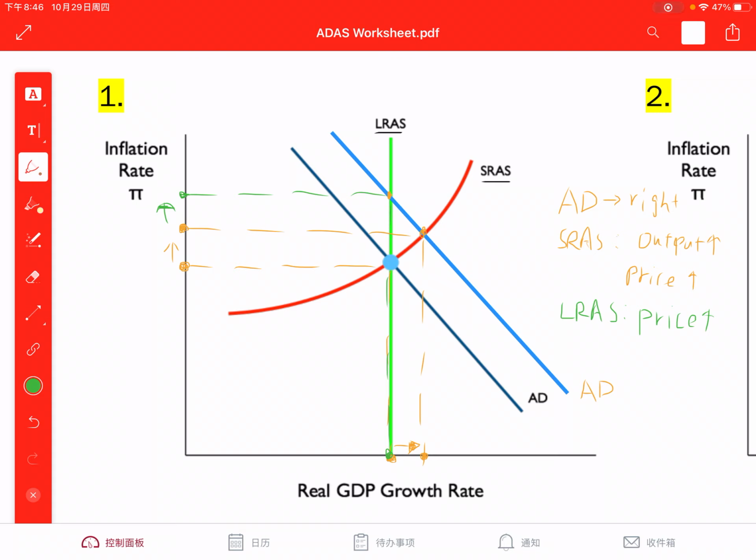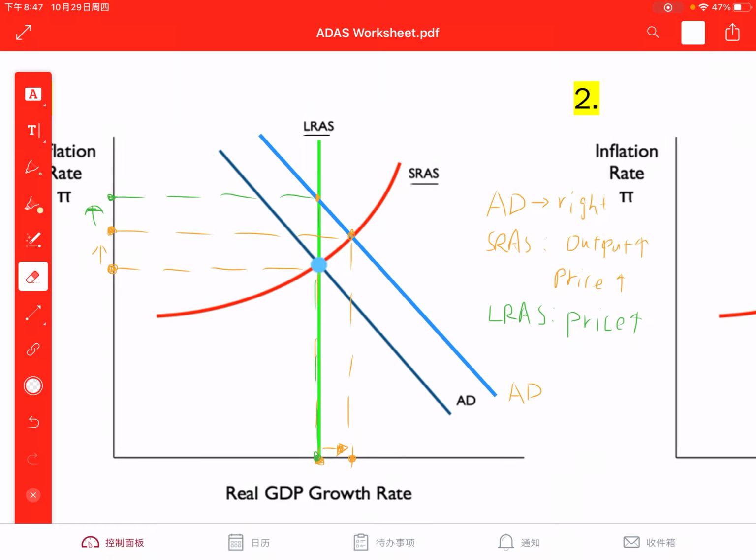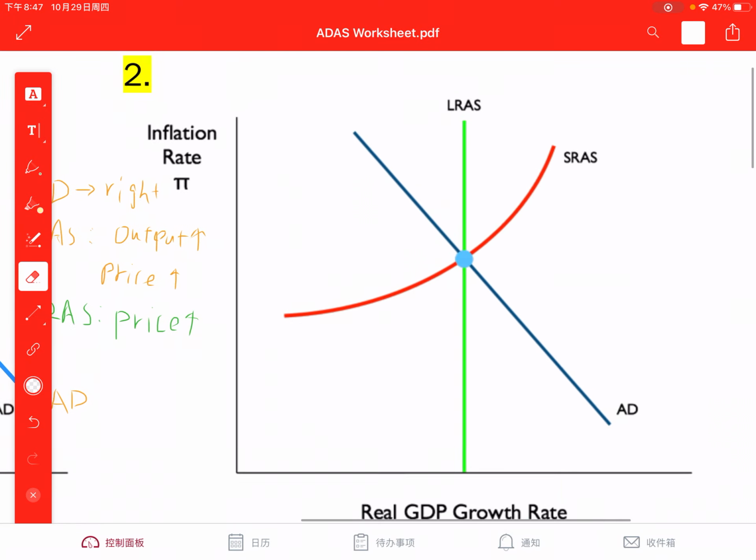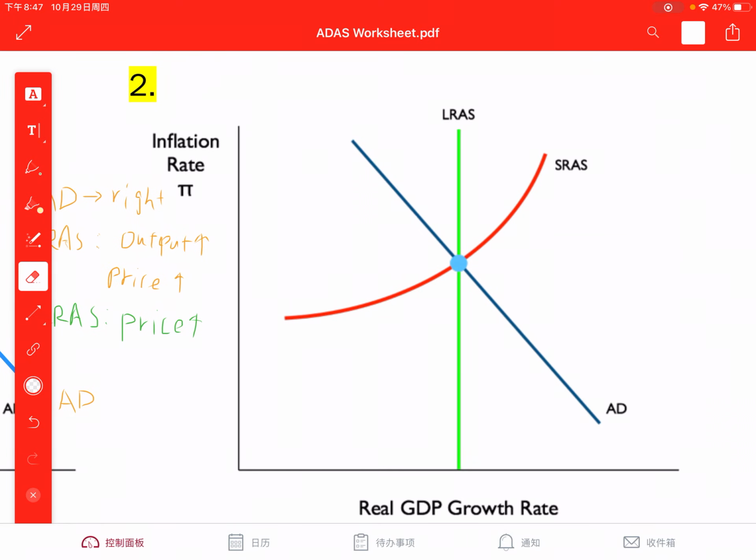So these are the changes for the short-run aggregate supply and the long-run aggregate supply when there is an aggregate demand increase. So let's say the second situation. Let's think about the inverse way. If people are afraid to invest, or if we have a lower money supply growth, it's going to lead the aggregate demand curve to the left.